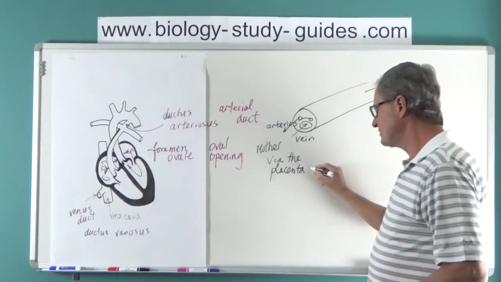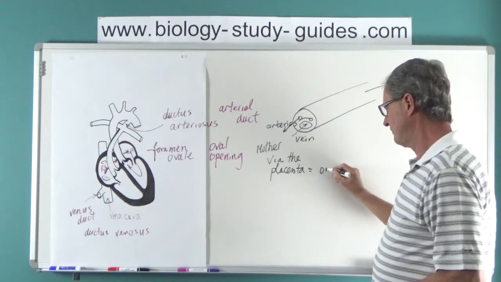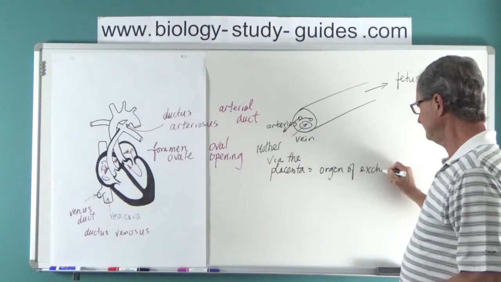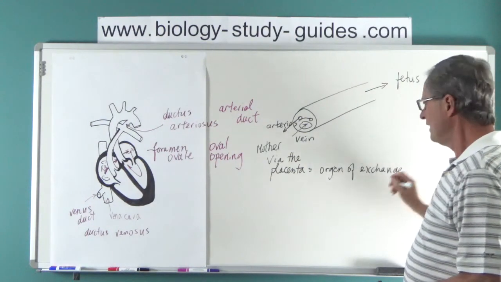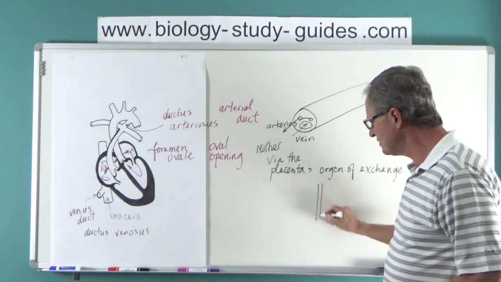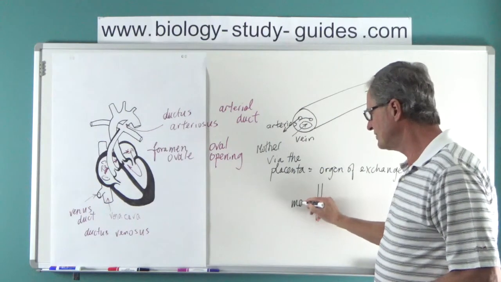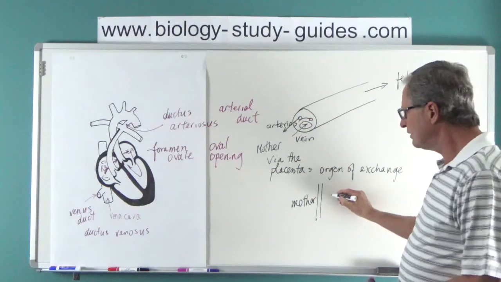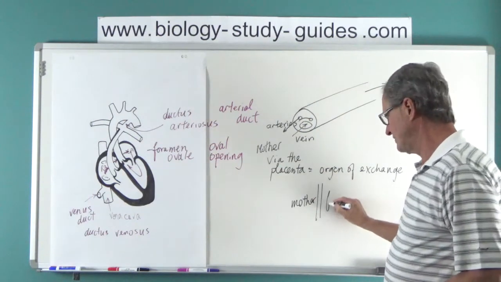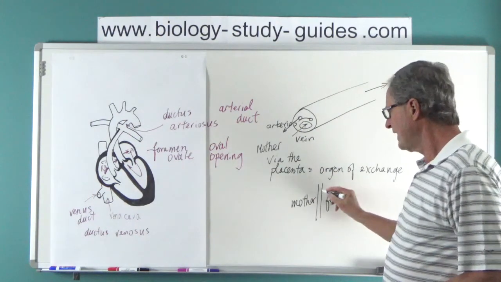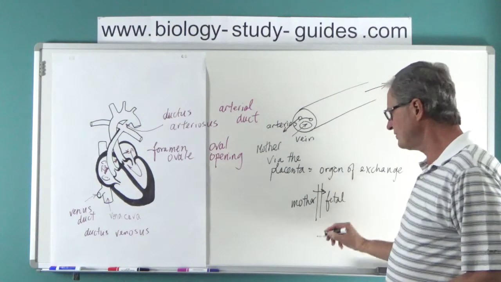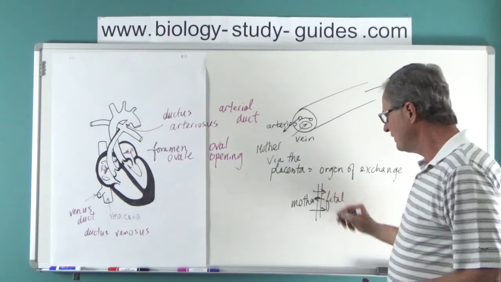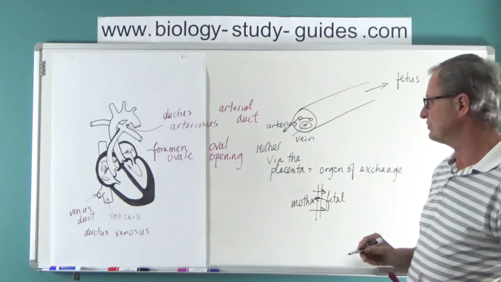The placenta is an organ of exchange. Quite simply what it is, it's an interface between the mother's system and the umbilical cord, which is the fetal system. And oxygen will cross, nutrients will cross, wastes from the fetus will cross going the opposite direction.